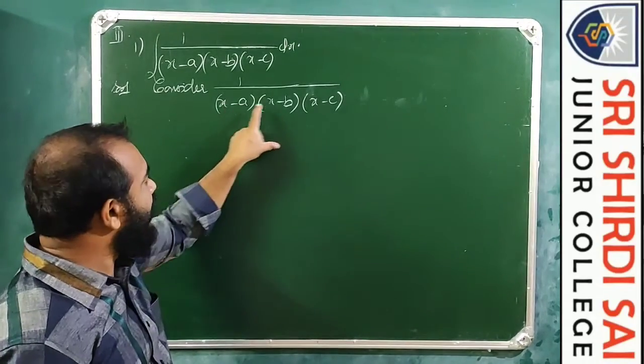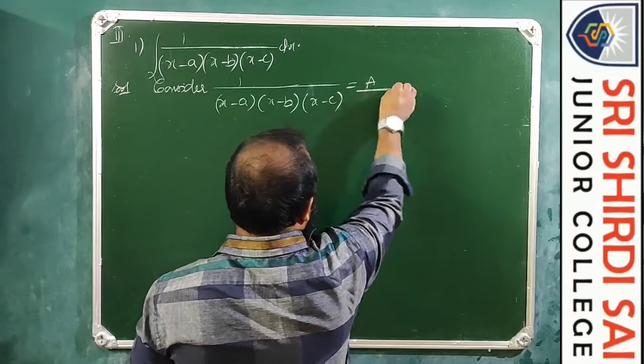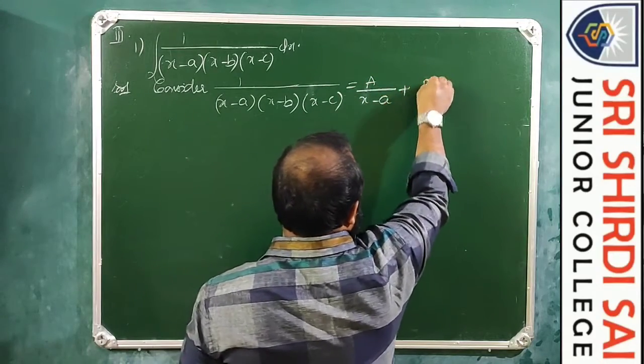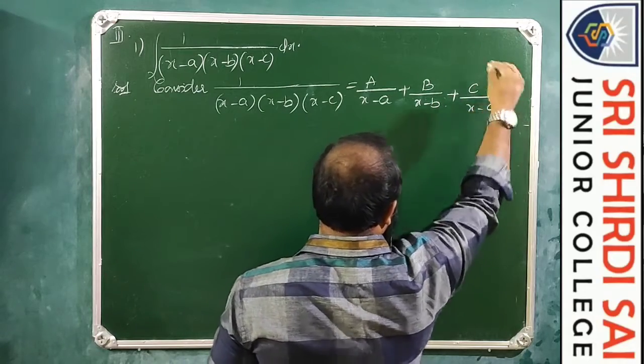Substituting x equals a, x equals b and x equals c. So this is A by (x minus a) plus B by (x minus b) plus C by (x minus c).